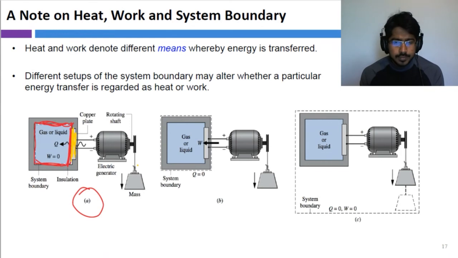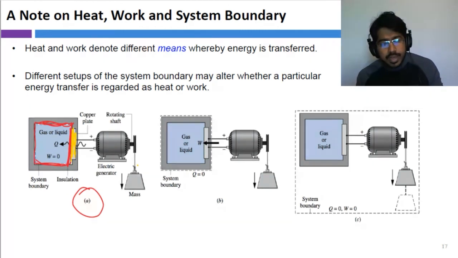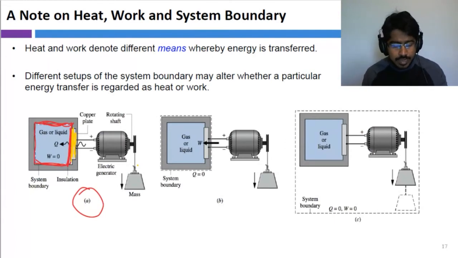It is heat. Very good. Because it happens due to a temperature difference, right? Any energy transfer that happens due to a temperature difference can be identified as heat transfer. Therefore, that is heat transfer in figure A.